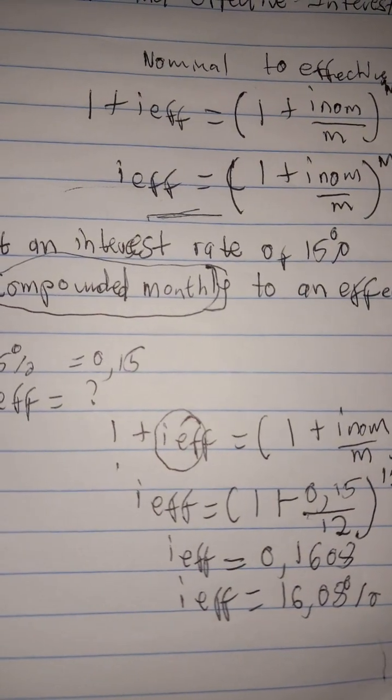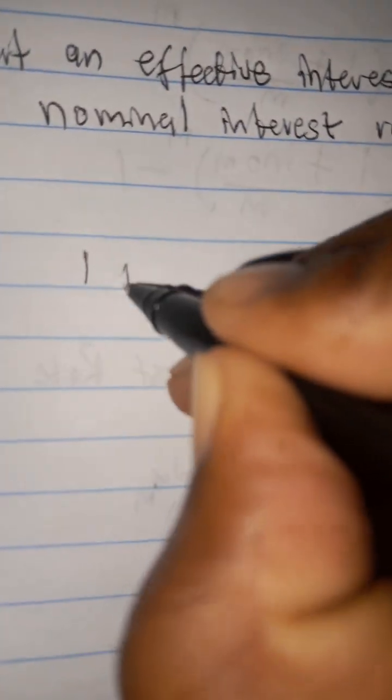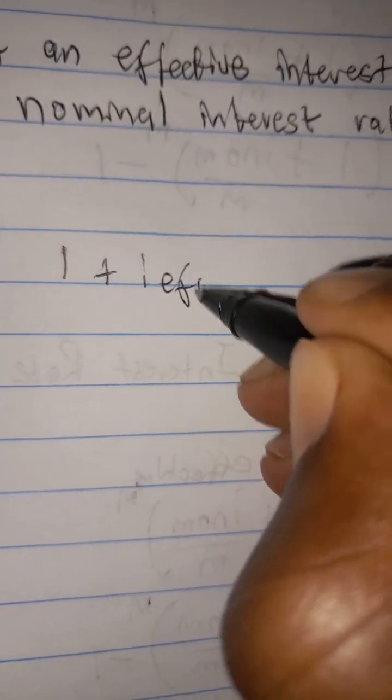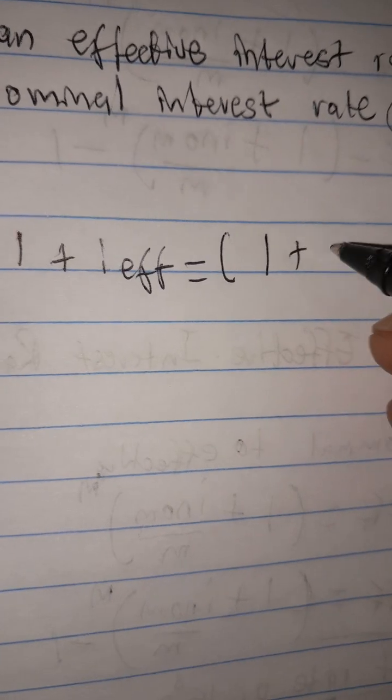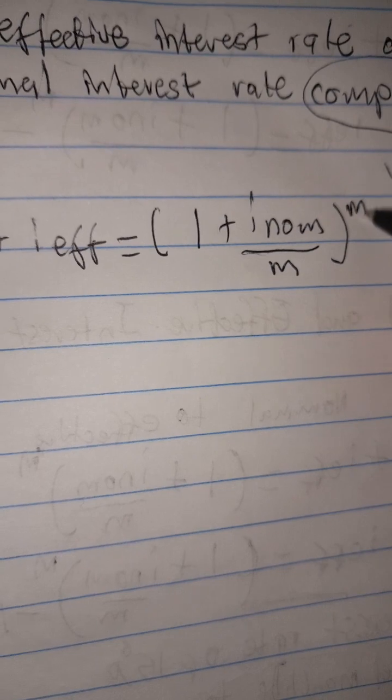So we will close with a second question. Number 2, convert an effective interest rate of 17% per annum to a nominal interest rate compounded daily. Remember, when they say compounded daily, that means the compounding period will be 365. So we are going to use that formula, 1 plus I effective is equal to 1 plus I norm divided by m to the power of m.